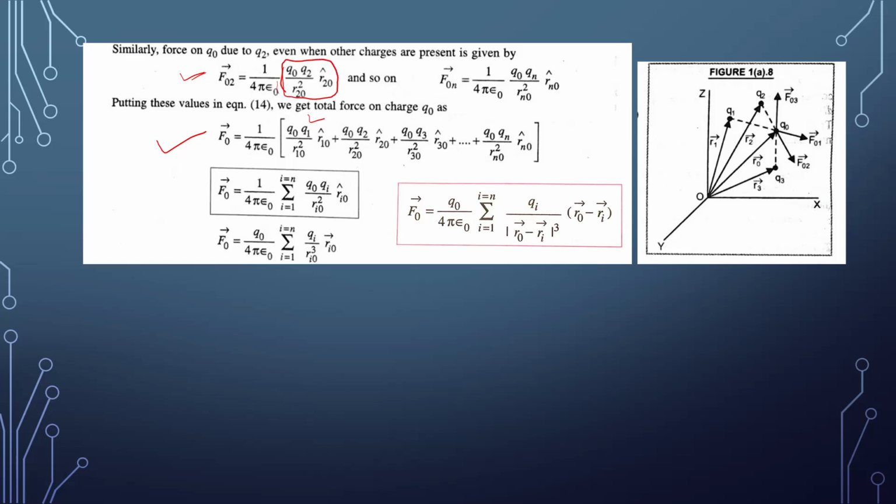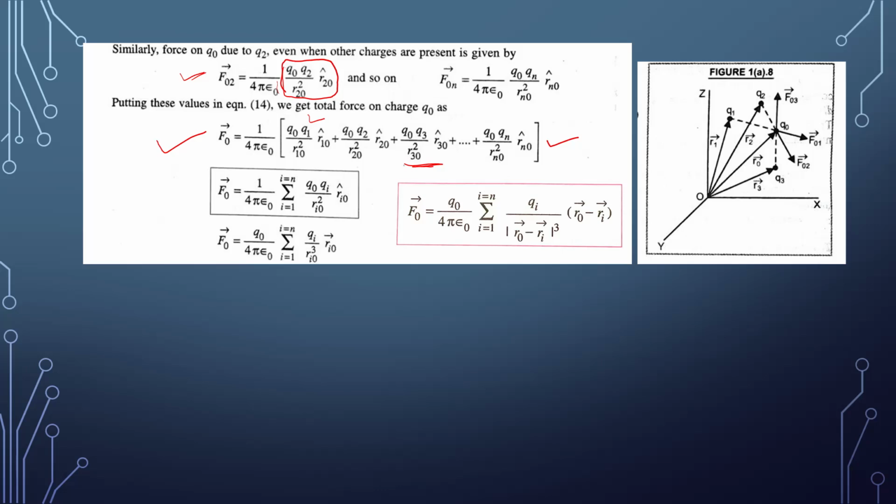Similarly, plus F02 vector, we write the whole thing here, and so on. F03 vector will be this, plus so on, plus F0n vector will be equal to this.